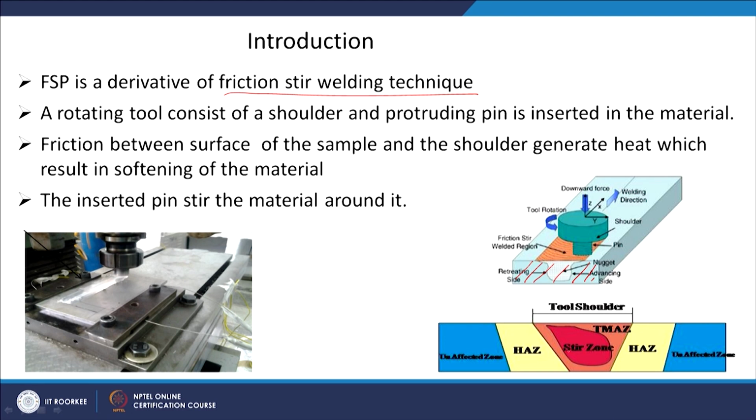Next to the stir zone you have the thermomechanically affected zone. Next to that, because heat dissipates, you will have a heat affected zone and then the base material. So these are the different microstructural zones you will observe in friction stir processing.